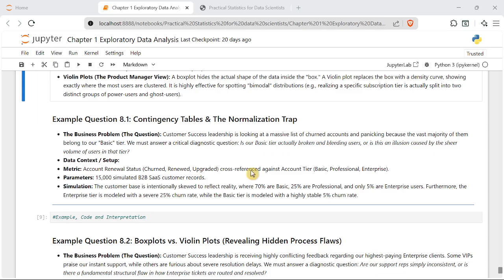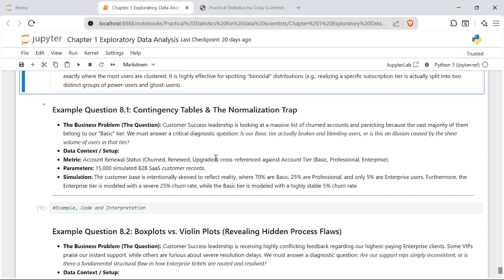The setup. Explaining the dataset. To diagnose this, we are going to generate 15,000 simulated B2B SaaS customer records. We will be cross-referencing two specific categorical metrics: the account renewal status, meaning whether they churned, renewed or upgraded, against their account tier, basic, professional or enterprise.